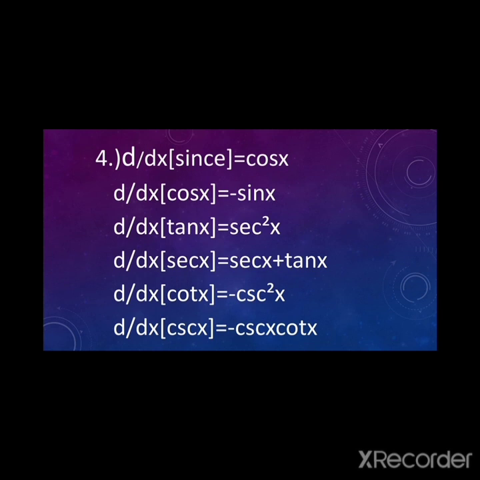Then we have the harder ones. The derivative with respect to x of secant is secant tangent. And the really uncommon ones are the ones for cotangent and cosecant. The derivative of cotangent is negative cosecant squared x, and the derivative of cosecant is negative cosecant cotangent.